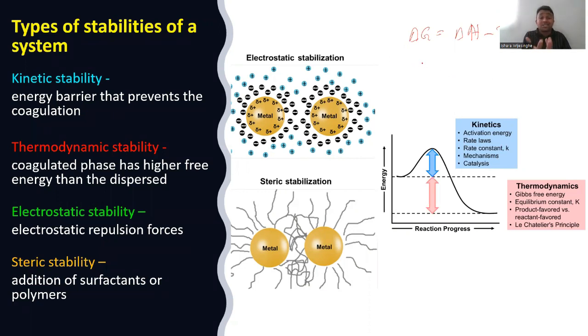For a system to be stable, this delta G should be equal to or below 0, right? If this principle is followed, that system is more stable, right? Keep those things in your mind, right?